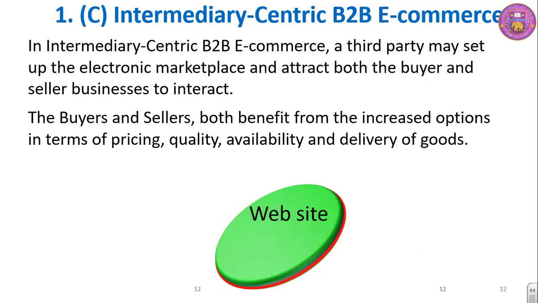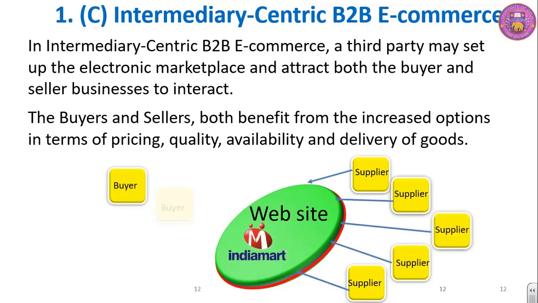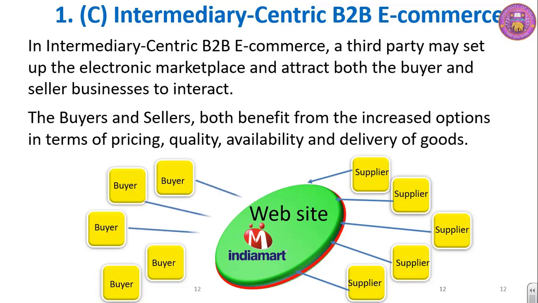In this case, neither buyer nor the seller sets up the website. It is some intermediary who sets up this particular website. On the one side we have a number of suppliers. On the other side we have a number of buyers.